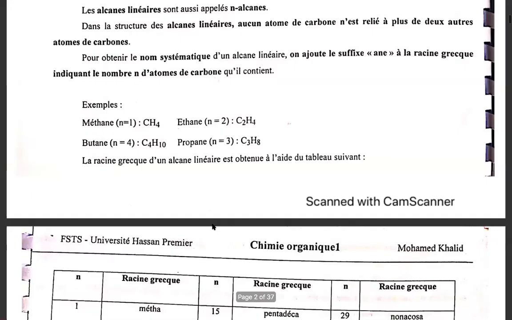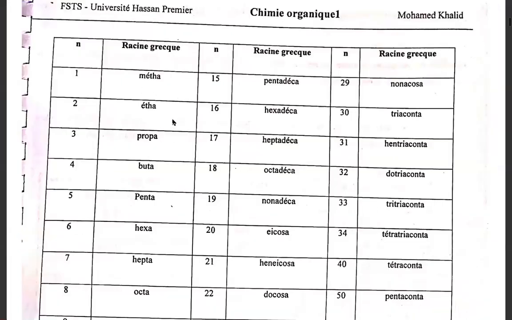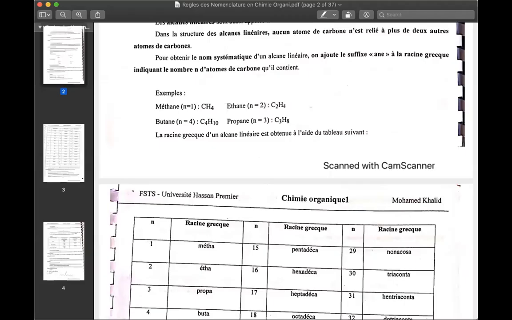For two, it's called F. So we are going to change now because we are looking at an alkane with one hydrogen atom less. We're going to call it what? This part.